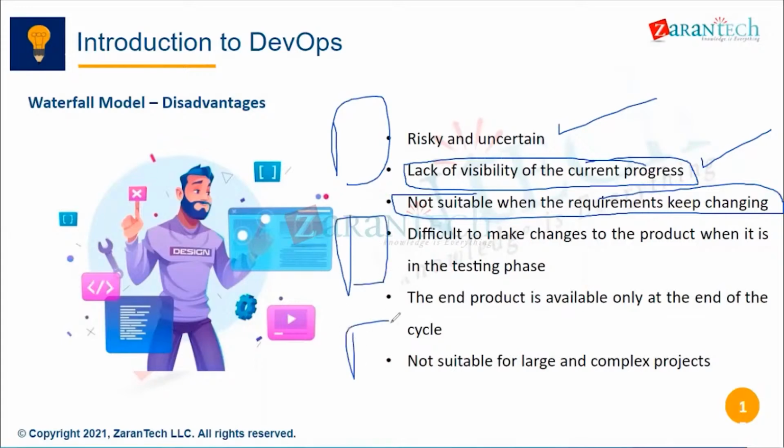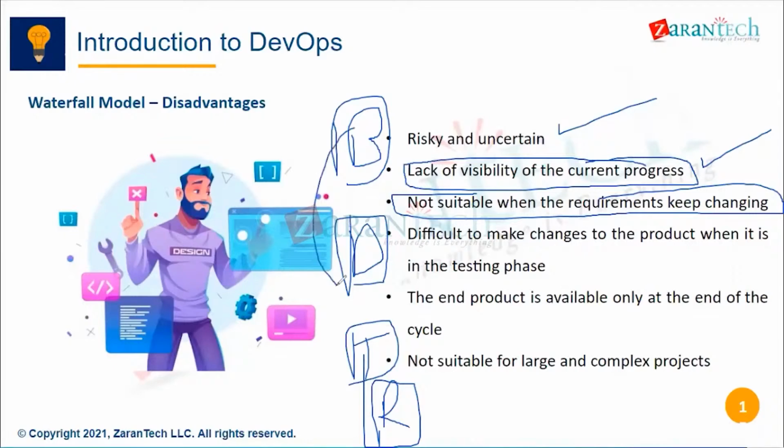See, what I mean to say is business analyst, developers, testers, and release engineers, BDTR. Just have this notation. B stands for business analysts, D for developers, T for testers, and R for release engineers. Now, business analysts will give the requirement to the development team.